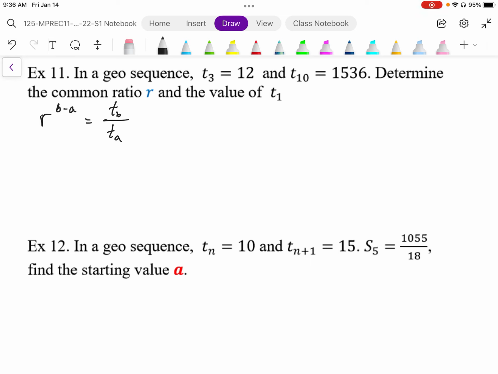In this case, I've gone from 3 to 10, or 7 steps, and those 7 steps should be reflected when I divide T10 by T3. So there's my 7 steps, and then 1536 divided by 12 gives me 128.